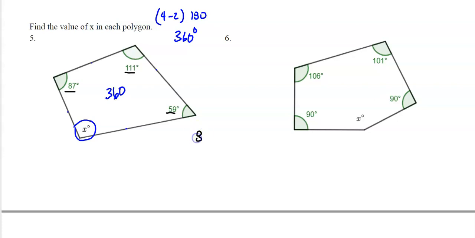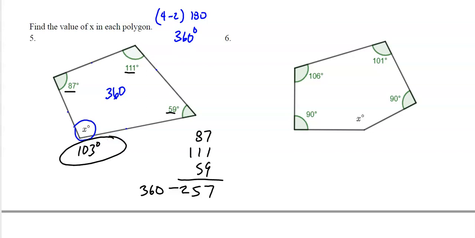So I go 87, 111, 59, and add that up. 17, carry the 1, that's 9, 10, 5, carry the 1. 257 is what I have so far. So we subtract from 360. It looks like I need 103 more degrees, and that will give me the full 360.